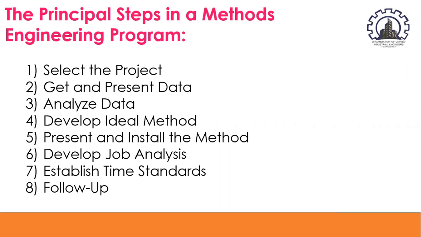Second, getting and presenting the data. Third, analyzing the data. Fourth, developing the ideal method. Fifth, presenting and installing the method. Sixth, developing job analysis, followed by establishing time standards, and lastly, following up.